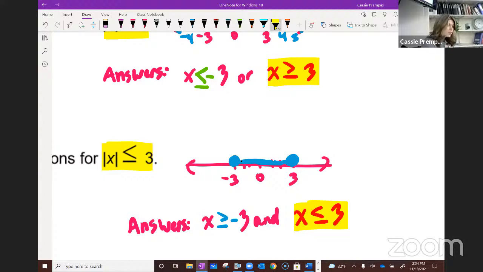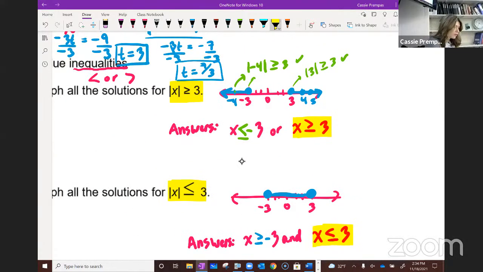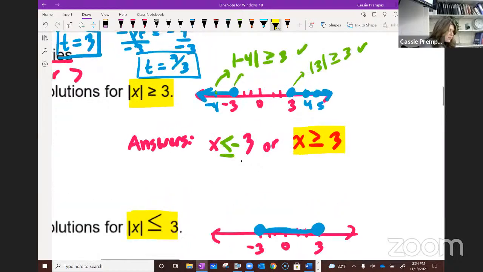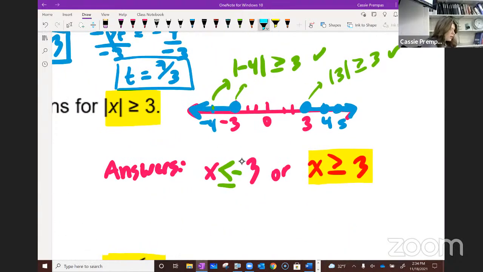Now let's look at the other inequality. I've purposefully made those signs different. What do you notice is consistent in the original question and the answer of the other inequality? So here it's saying, what is the answer for X? What happened?